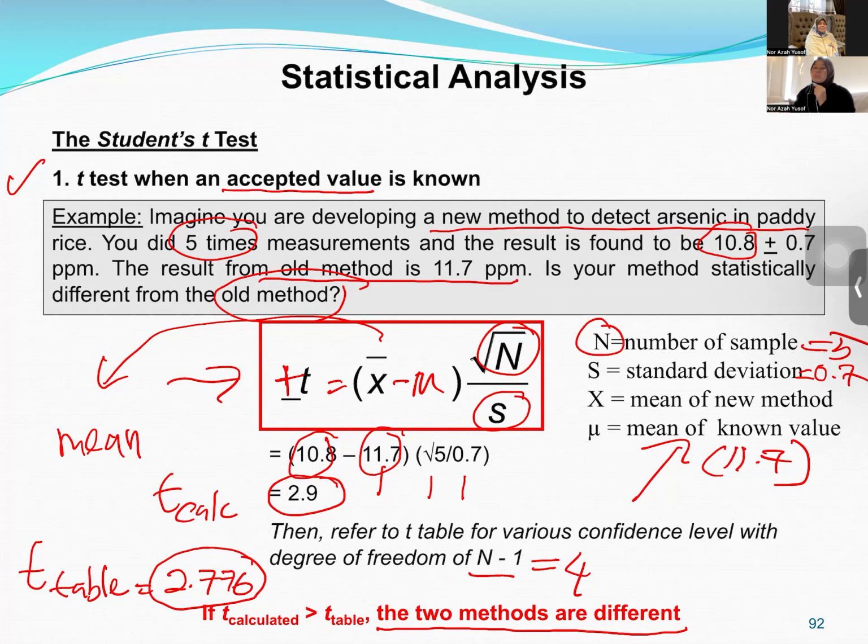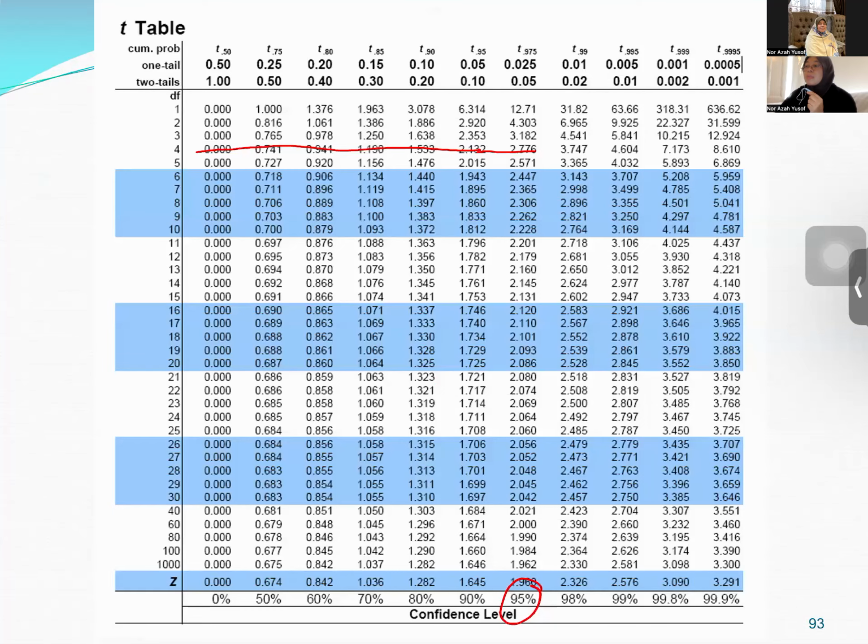And as I mentioned, if the label says that it is 70% pure, somebody has to do some analysis to check whether the 70% claim is true. So the 70% will be the known value that you want to benchmark. So that is the first t-test.